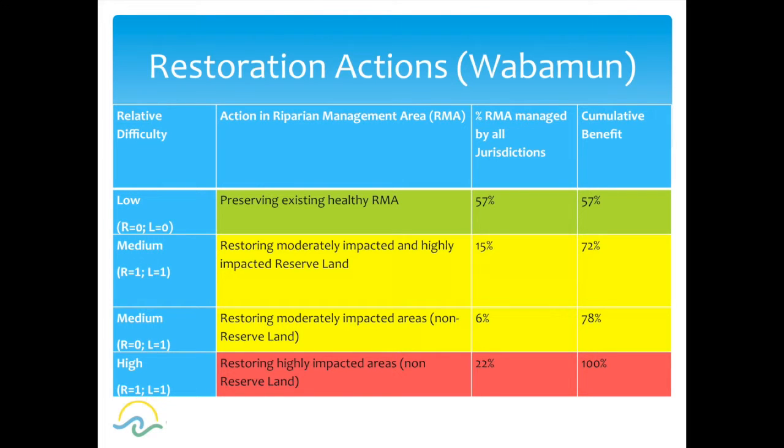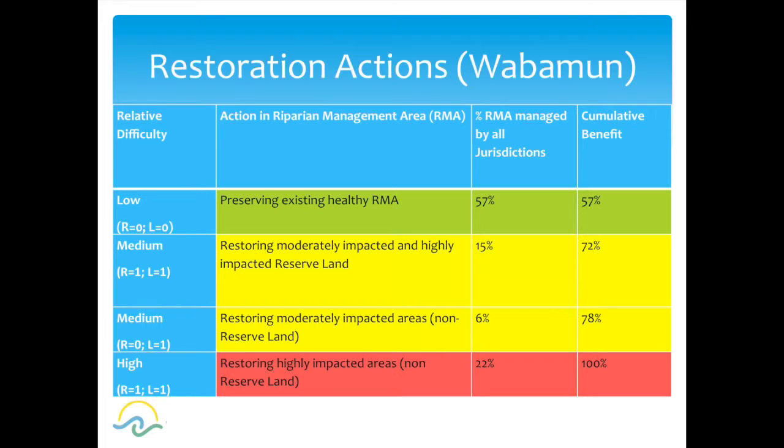Basically, it's easy for them to manage their own land that they own, a little bit more legally challenging to retroactively enforce some regulations on private property. As this chart shows you, if you add extra protections, you can preserve 57% of the lake. That's an easy one right off the bat.